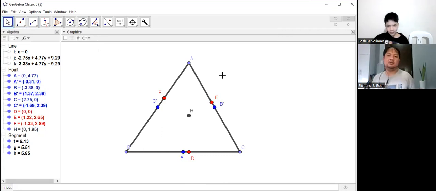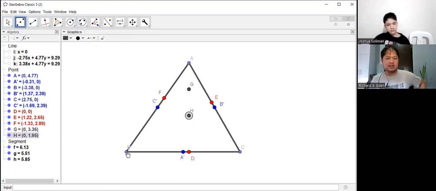Okay, and one reason for using the orthocenter is because we are going to look at the points that are halfway from the orthocenter to the three vertices. So from H to A, this is the midpoint.